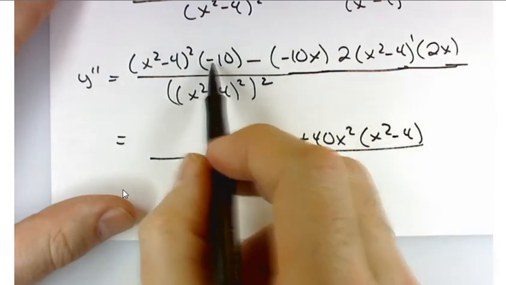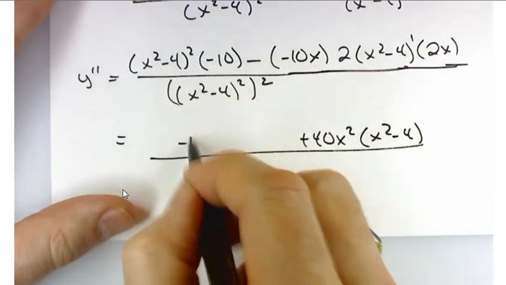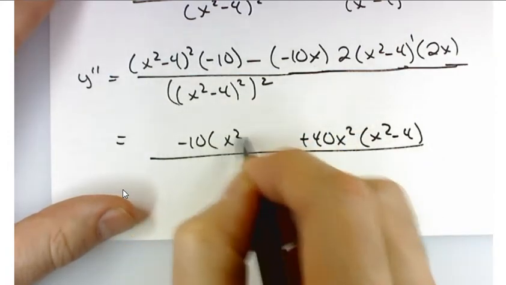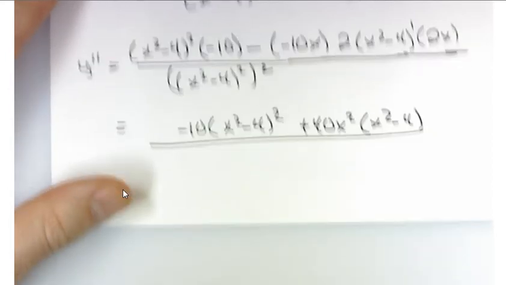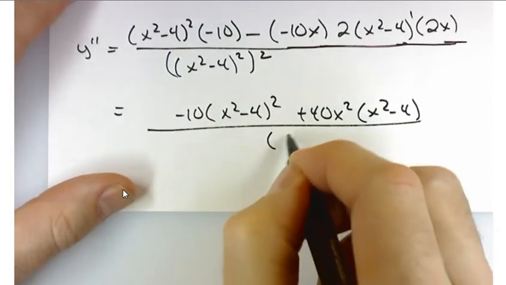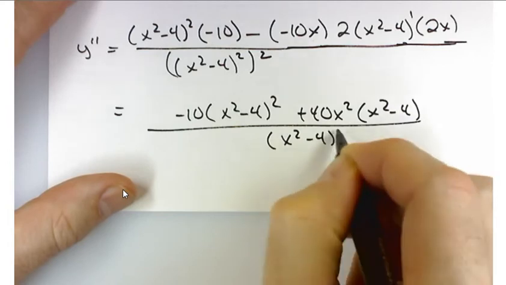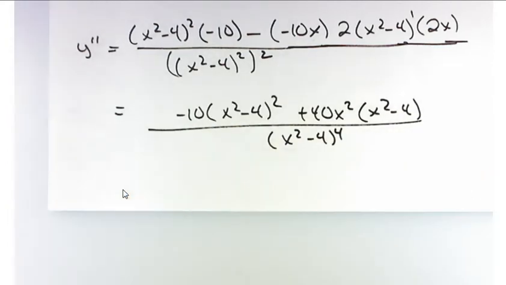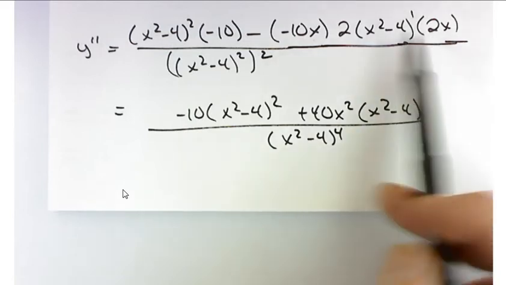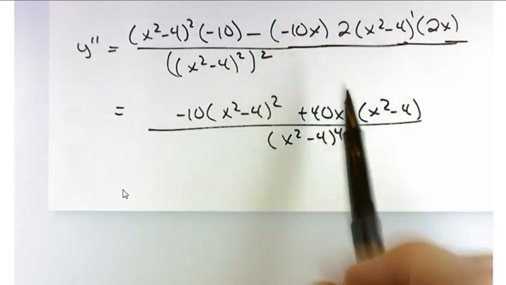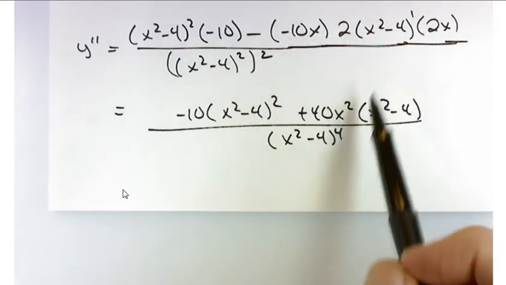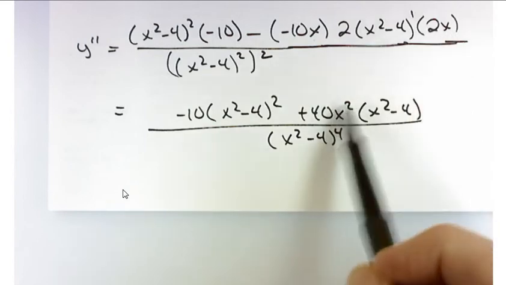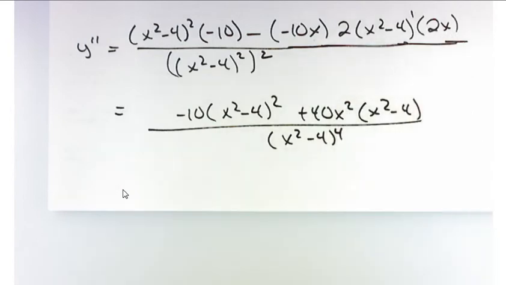Over here, I'm just going to factor out the negative 10. I'll put that out in front. In the denominator, let's just write that to the 4th power. Let's double check this. 2 times 2 times 10 is 40. The negatives cancel. And then an x and an x, 40x squared. Okay.